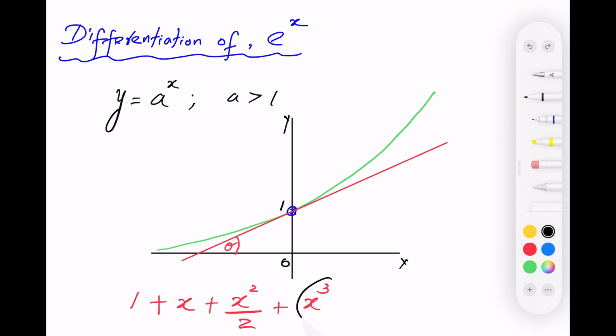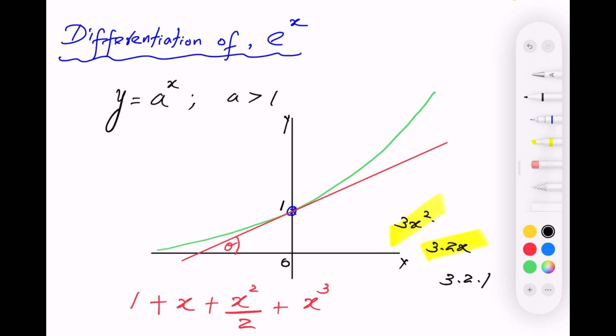So if I differentiate x cubed once, I will get 3x squared. And if I differentiate that term one more time, it will be 3 times 2x. And if I differentiate that also one more time, it will be 3 times 2 times 1.